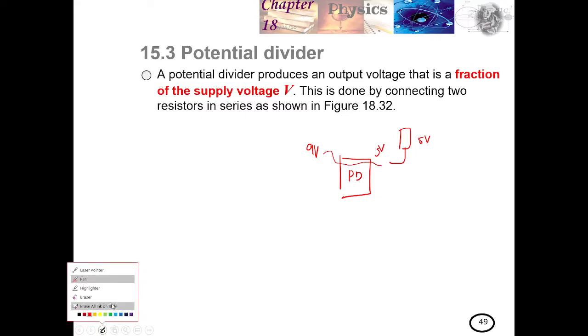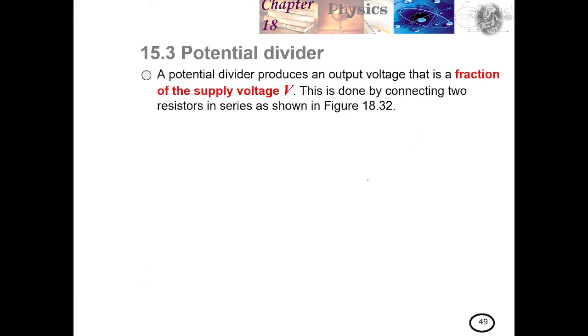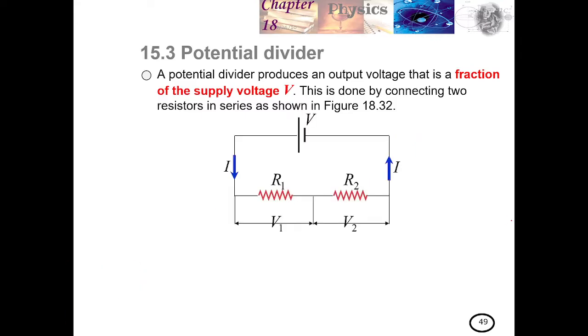So how does the circuit look? It has an EMF. Let's say this is the 9 volts I just used as an example, and you can have two resistors, resistor number 1 and resistor number 2.